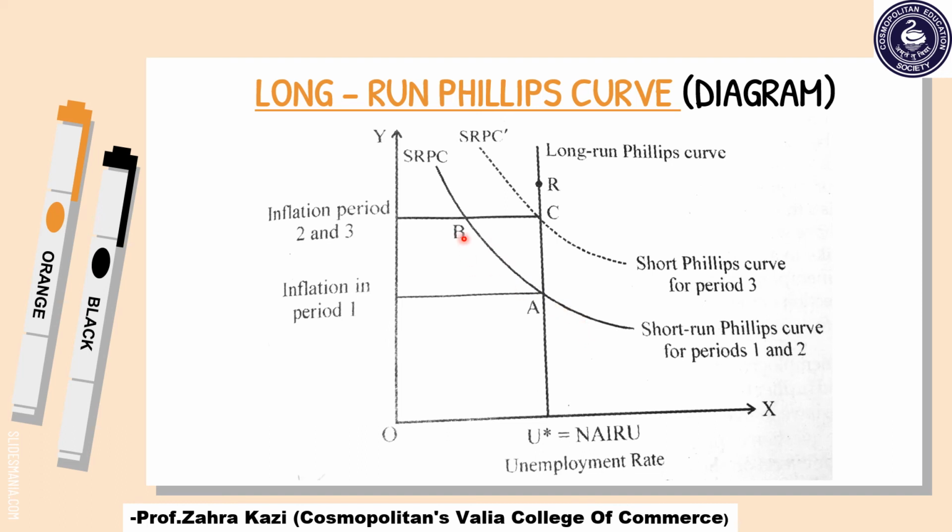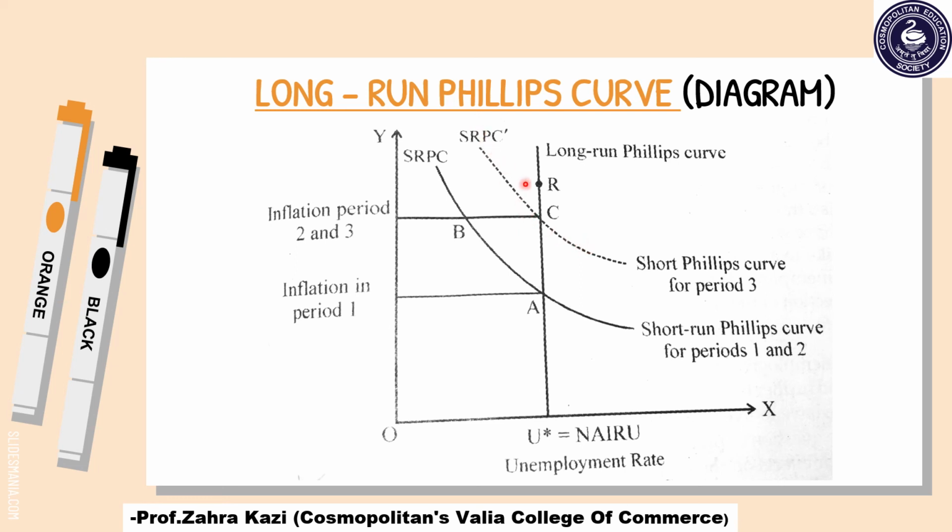Further, now as the economy moves to period 3, with the increase in expected inflation rate, SRPC shifts upwards. Because it is expected that the inflation rate will increase further, SRPC now shifts upwards from SRPC to SRPC dash. So you can see the downward sloping SRPC dash curve.